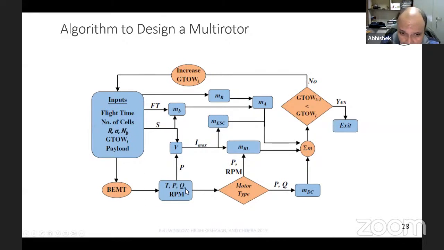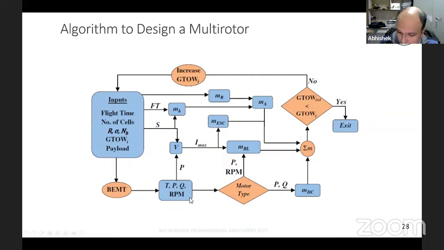Once I know the power required in my hovering flight, that power divided by the voltage will give you the current required. V is already known to me, since I know the number of cells I have selected for my design. And I have already calculated the torque, the power, and the thrust.